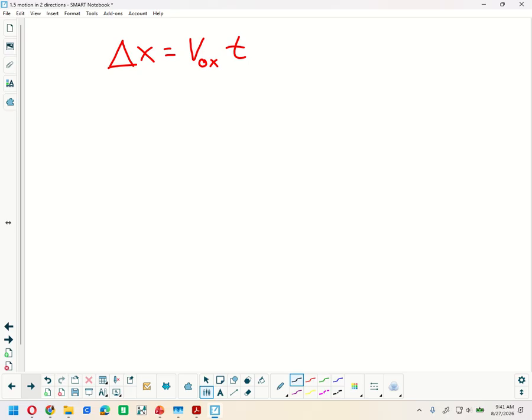So my change in x, my initial velocity was 200 meters per second. My time, 0.553.